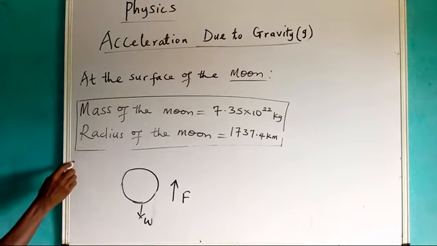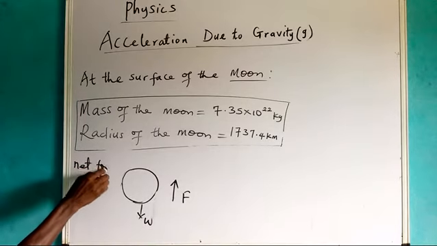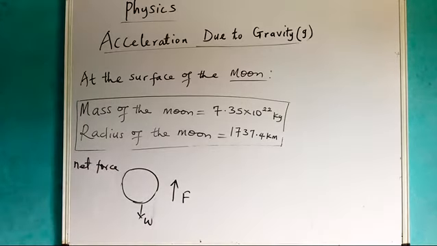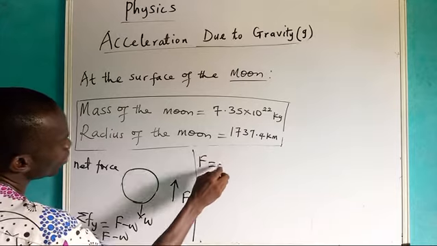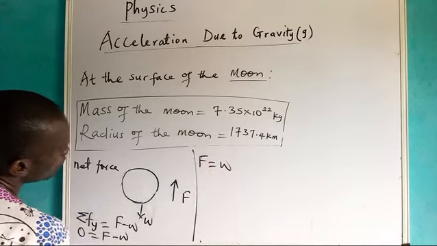To consider the net force, it means that it's going to be sigma Fy, which is F minus W. This is equal to 0, so F equals W.